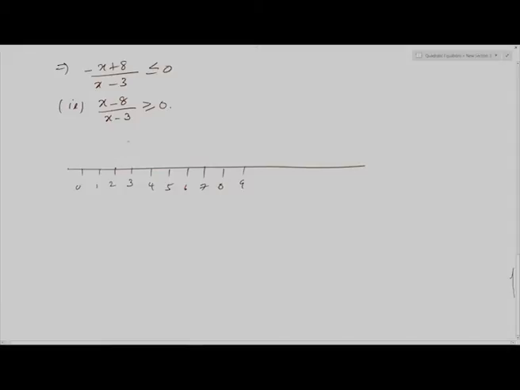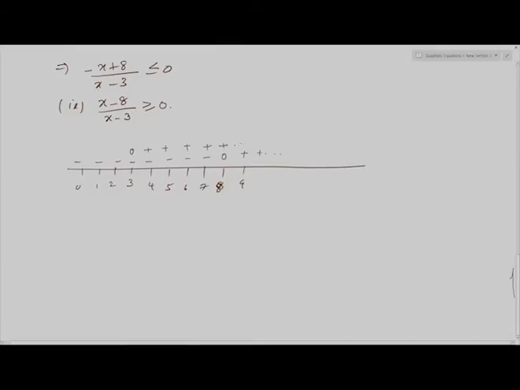Then take the first term, x - 8: at x = 8 you put the 0 on the top, and then put the plus signs on the right side of that, and the negative sign on the left side of that. Then you take the x - 3 factor, and at x = 3 you put the 0 and then put the plus signs on the right side.